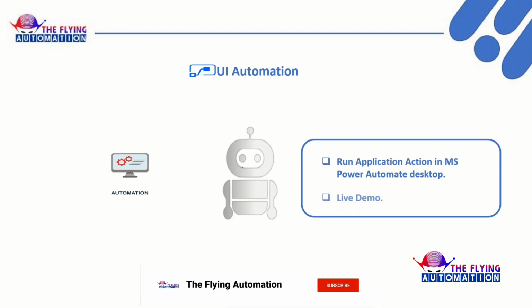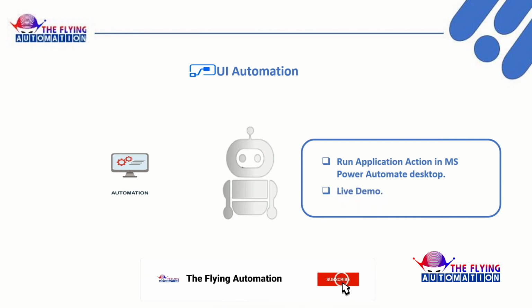By the end of this video, we will see a live demo with the help of the Run application action in MS Power Automate desktop. So let's jump to MS Power Automate desktop and see how we can implement opening any desktop application with the help of the Run application action.